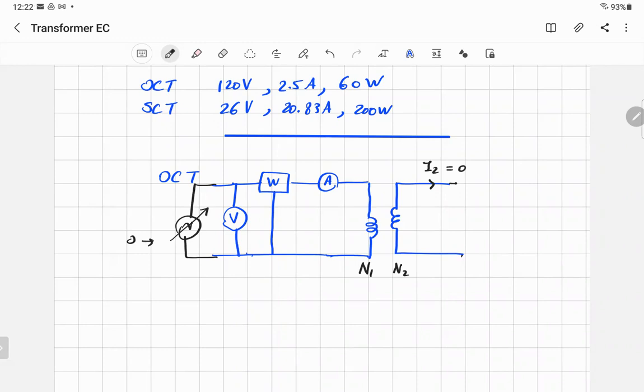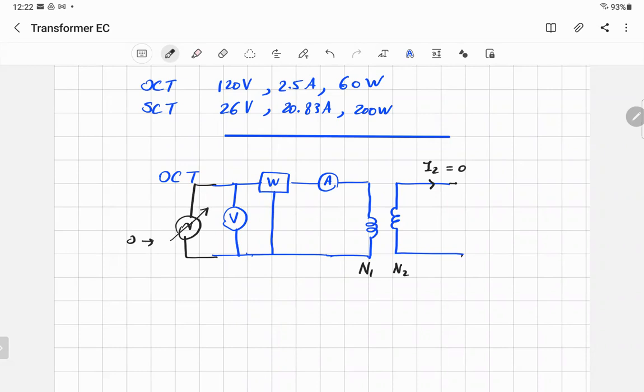What happens here is that there is no load, so the power supply is going to supply whatever the transformer consumes. When there is no load, none of the power goes to the load because there is no load. So it's going to cover the core loss in the transformer, and that's why, as I explained last time, it gets hot.